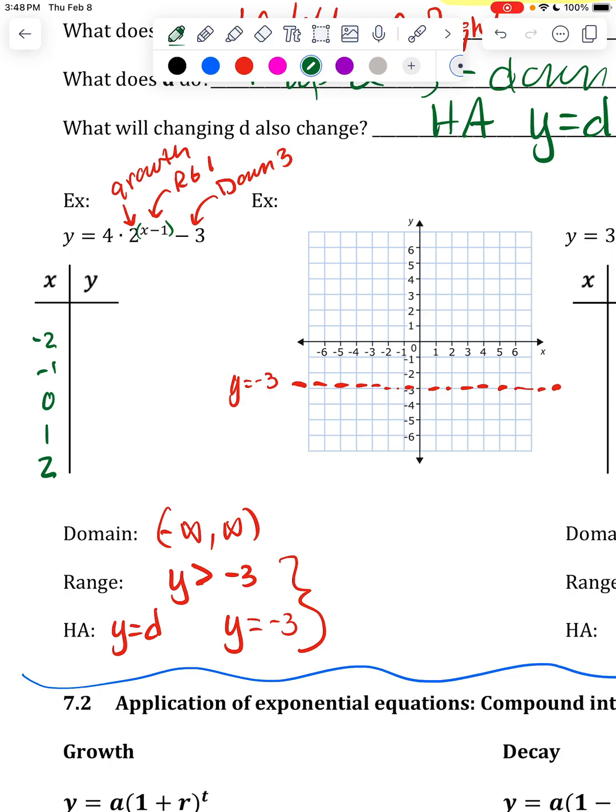Hang on, I'm getting my calculator out. So each one you're going to be doing 4 times 2 raised to the power of whatever your x is minus 1, then you put the parentheses closed so that it knows you're done with the power, and then you have your subtract 3.